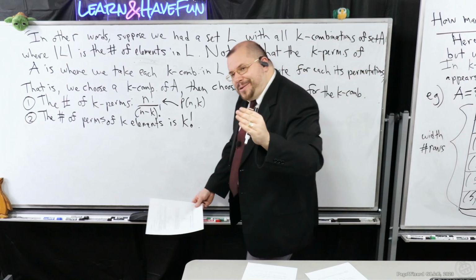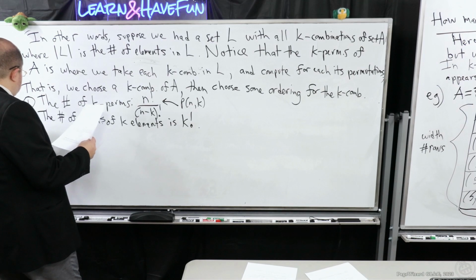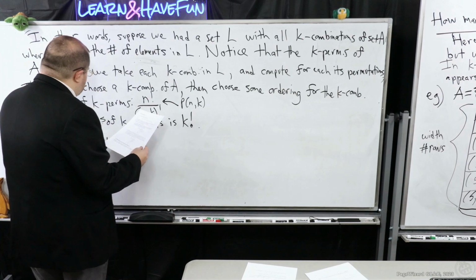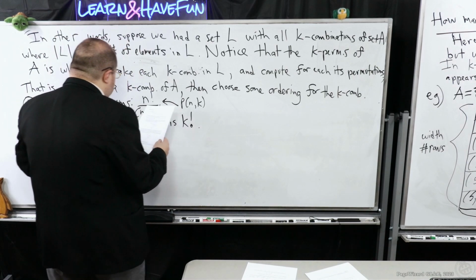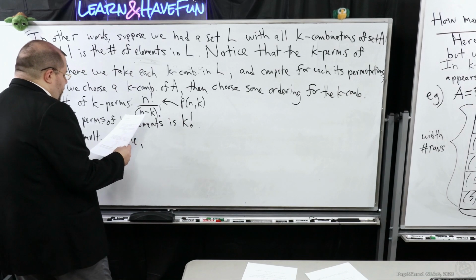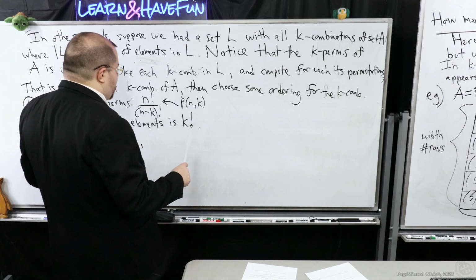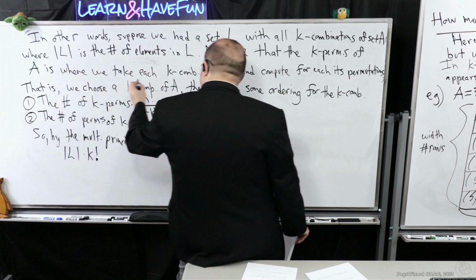So now, in a beautiful fashion, we can use the multiplication principle. By the multiplication principle, the size of L times k factorial, right? Because that's what it says. The first step, remember, is that we choose a k combination.